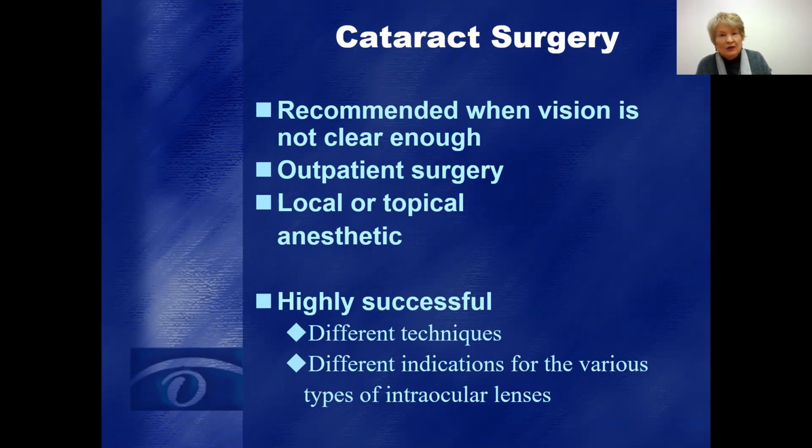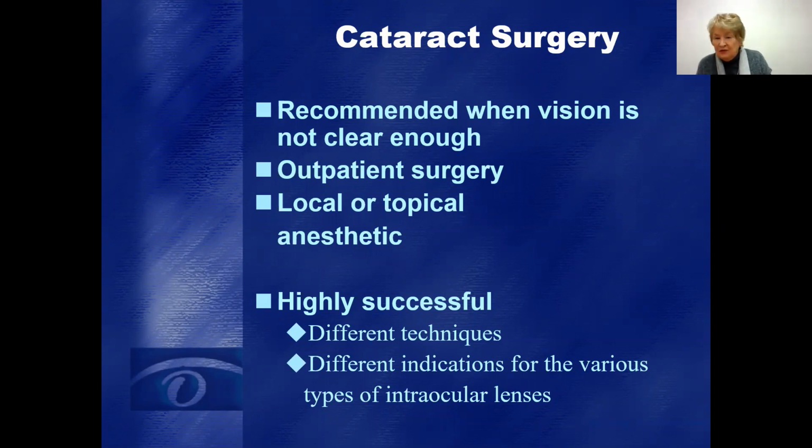There are no injections or needles anywhere around your eye. They do start a small IV, either in your hand or the arm, just to make you more comfortable during the procedure. So it's a very, very highly successful procedure. It has a rate of success into like the 98th percentile.